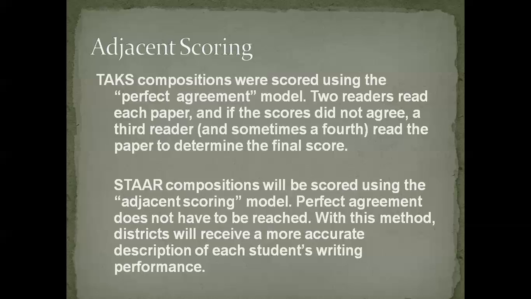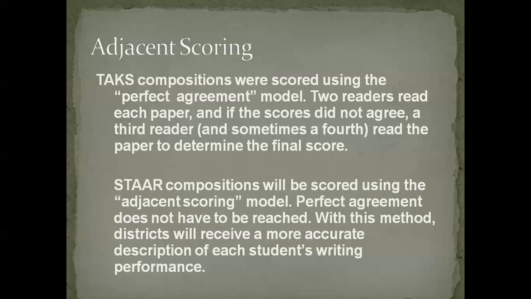As we know, in adjacent scoring, you're going to have 2 scorers. I don't know if they're physically next to one another, but two scorers will score the paper. Scorer A might score it a 3, scorer B might score it a 3, and then the combined score would be a 6.